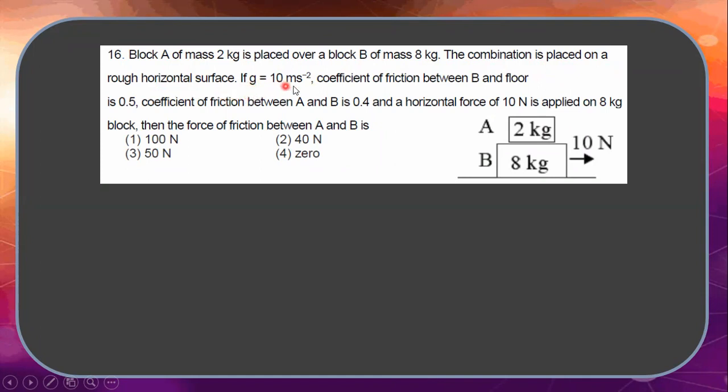If g is 10 meters per second square, the coefficient of friction between B and the floor is 0.5, the coefficient of friction between A and B is 0.4, and a horizontal force of 10 newtons is applied on the 8 kg block, then what is the force of friction between A and B? This is the frictional surface.